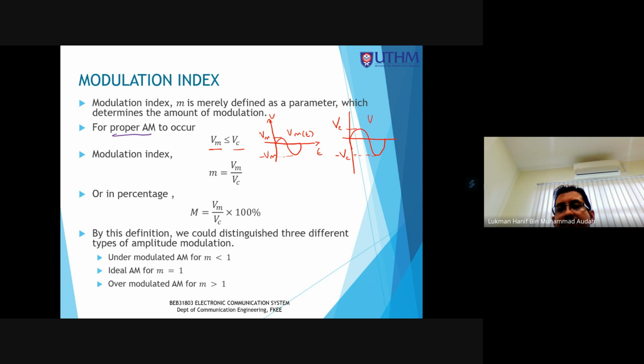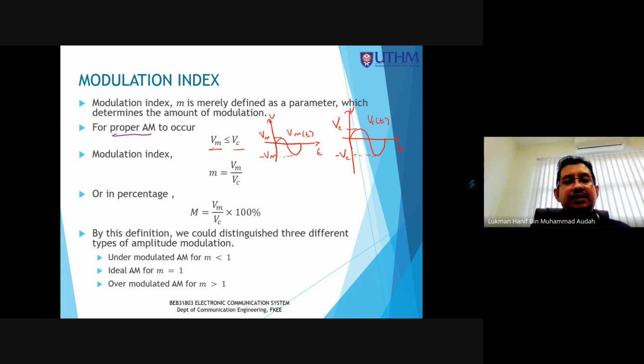So this is Vc of t, a V versus t graph. Most of the time, the peak amplitude of the modulating signal is less than or equal to the peak amplitude of the carrier.